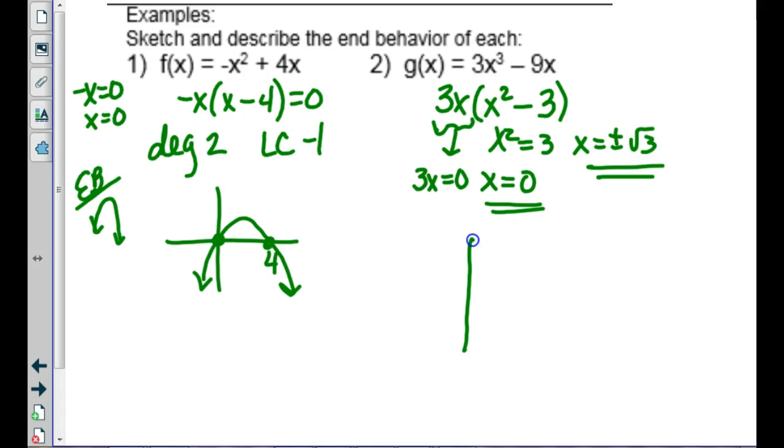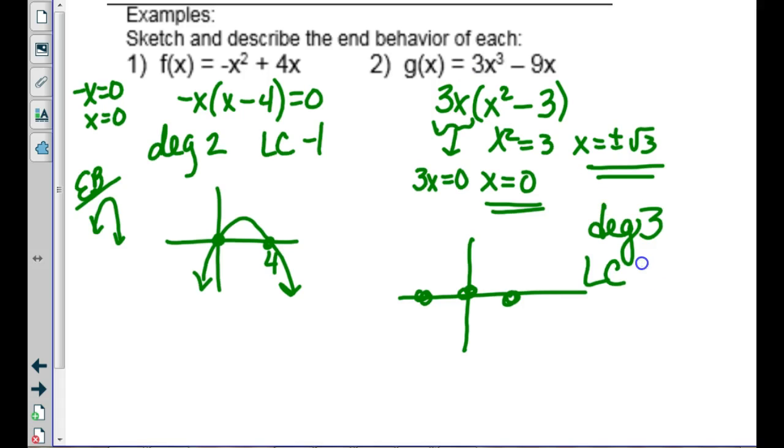Any multiplicity? I think we're doing more than I really wanted you to do on this section, but any multiplicity here, meaning any bounces? No, it just crosses at 0, negative square root of 3, positive square root of 3. All right. Degree was 3, leading coefficient was what?